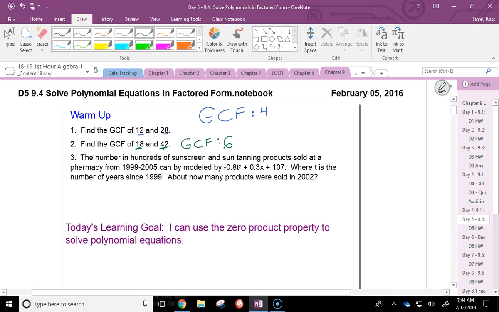Number 3 says the number in hundreds, and that's going to be important. The number in hundreds of sunscreen and sun tanning products sold at a pharmacy from 1999 through 2005 can be modeled by negative 0.8 t squared plus 0.3 t plus 107, where t is the number of years since 1999.